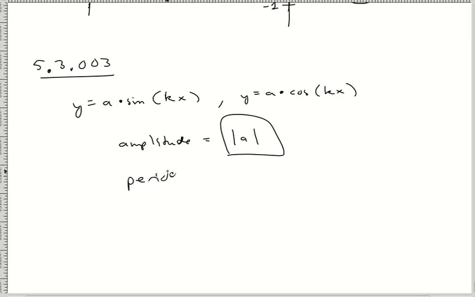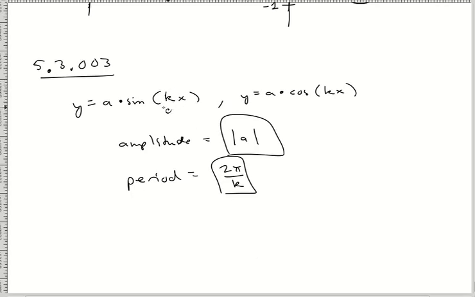Period. If I could spell period, that is. Period is, in this case, we're doing formulas, 2 pi over k. I'm going to use different letters here in just a little bit because nobody uses k. We're going to use b. B is much better. But that's the formula there.